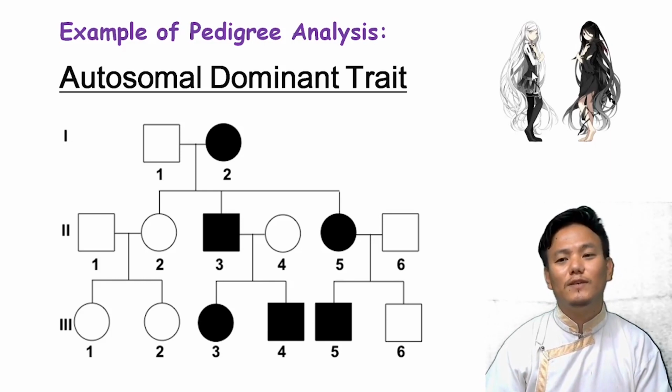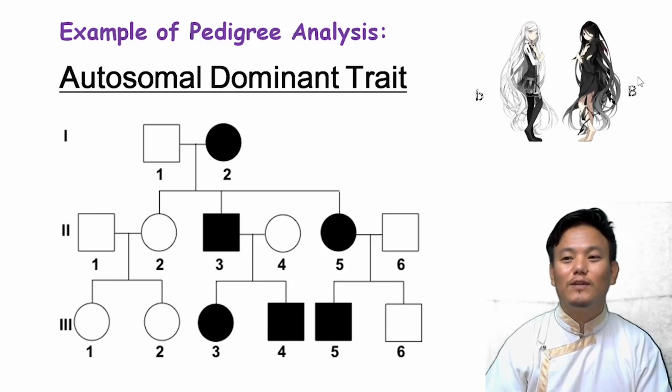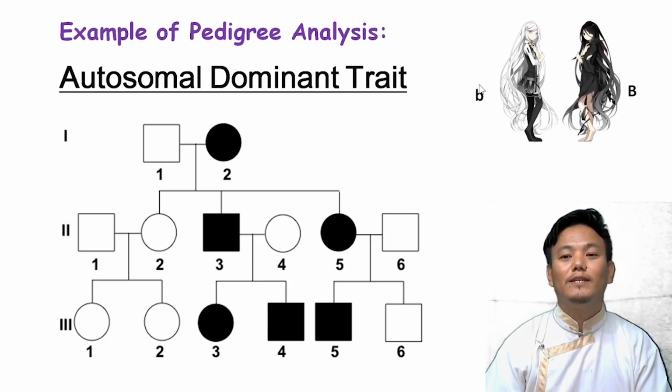And let's say for our convenience that black hair is the dominant trait, so its allele can be represented by capital B, since it is dominant, and a small b for white hair, since it is recessive. So now by looking at this pedigree chart, we can try to come up with the genotypes of these individuals. What could be the genotypes of these individuals?